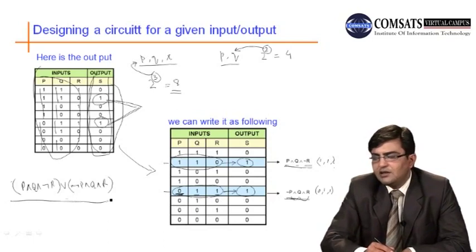Now we have written a logical expression. How do we write it? We see the inputs, we connect the inputs using conjunction operators, and we connect the outputs 1, 1, which are true outputs, using the disjunction operator.